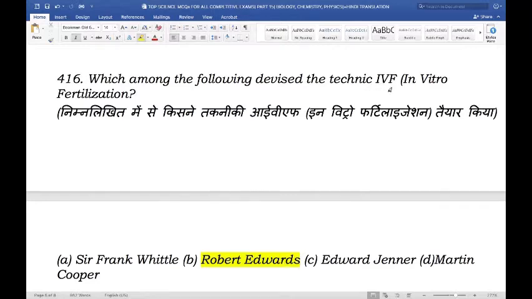IVF is the process where an egg is removed from the woman's ovary and fertilized with the sperm in a laboratory. The fertilized egg, called an embryo, is then returned to the woman's womb to grow and develop. So this is a biological process which allows parents who are infertile or have infertility problems to conceive.